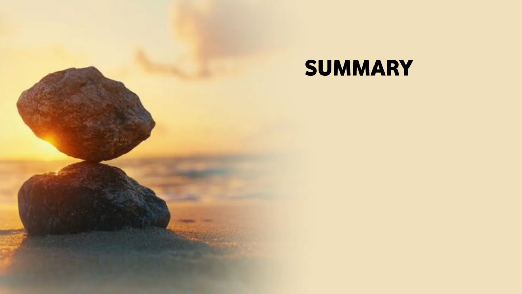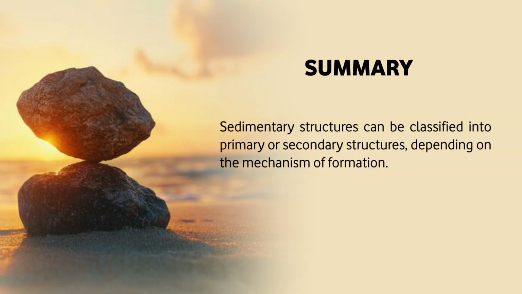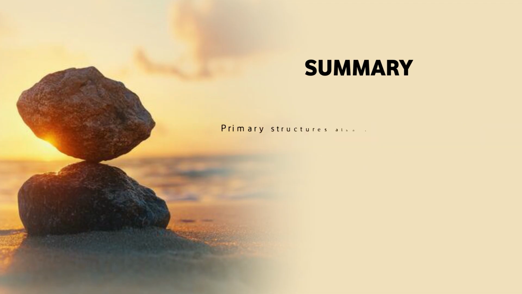Now in summarizing, we discussed the sedimentary structures and large scale features which show a variety of interesting and significant geometries that get produced by physical, chemical, and biological processes. Sedimentary structures can be classified into primary or secondary structures depending on the mechanism of formation.